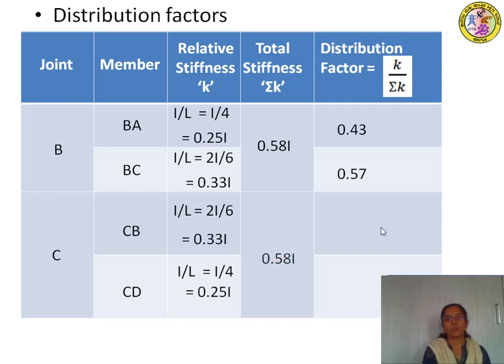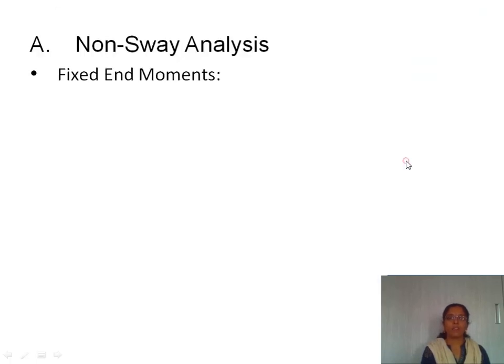The total stiffness is 0.58I, and the distribution factor for CB is 0.57, and that for CD is 0.43. Here, because we have considered a frame symmetrical in its geometry, we are obtaining symmetrical distribution factors.